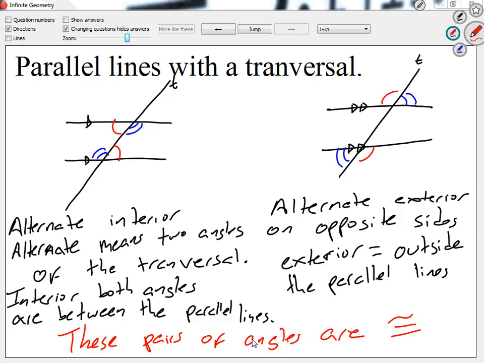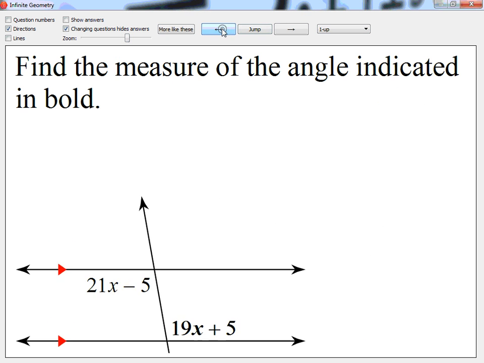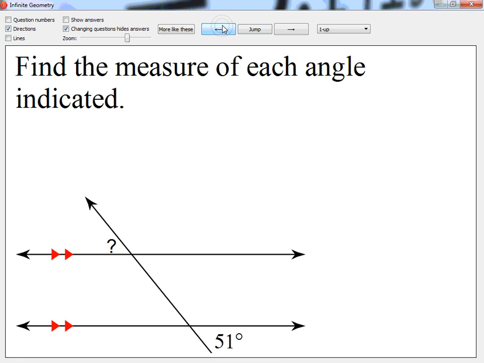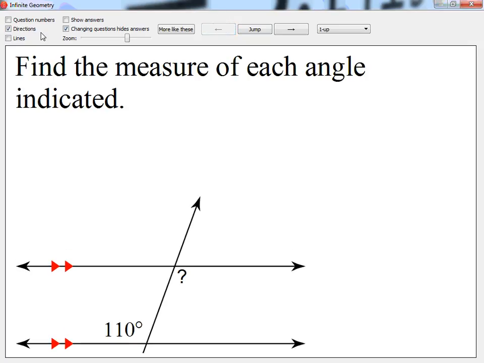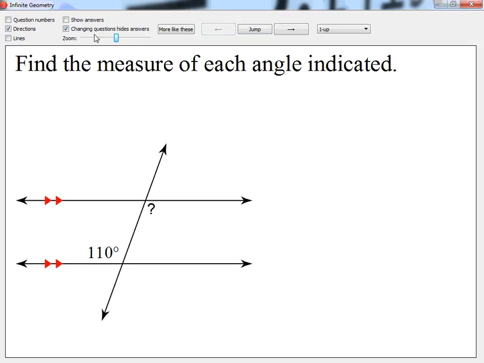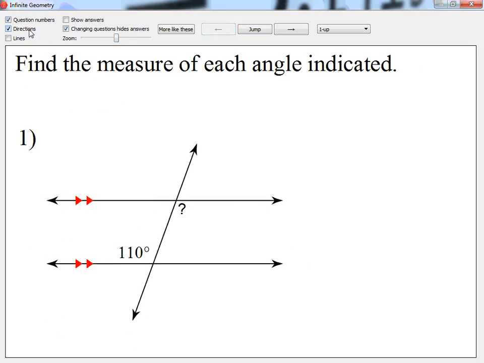Let's take a look at question number 1. Let me erase my notes. Minimize this a little. Alright, so question number 1. Find the measure of each angle indicated. You guys can see it's indicated with a question mark.